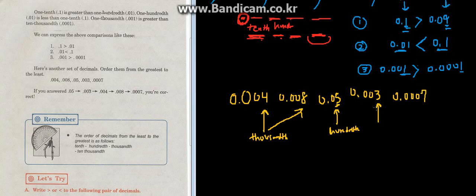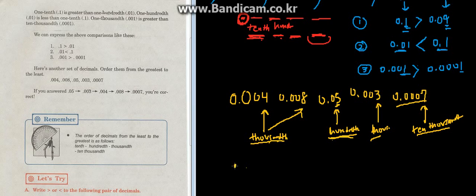And for the fourth number, the digit 3 is in the thousandth place, and for the last number, the digit 7 is in the 10,000th place. So which place value is the biggest? I think in this case, the 100th is the biggest among the place values, right? The 100th is bigger than the thousandth.